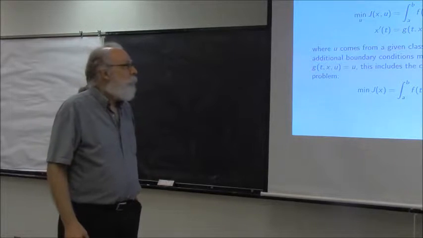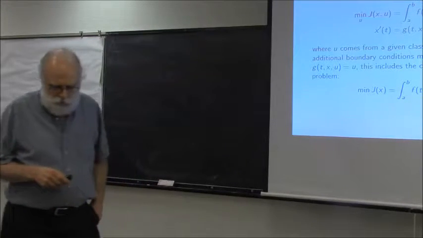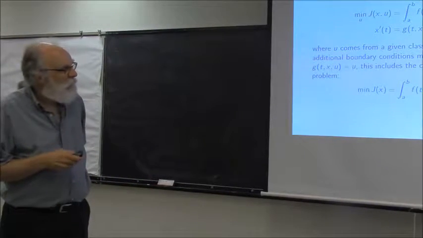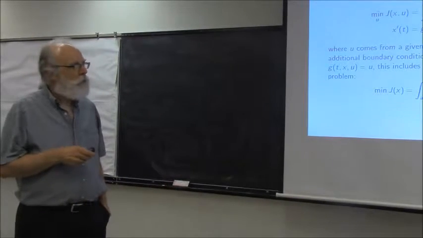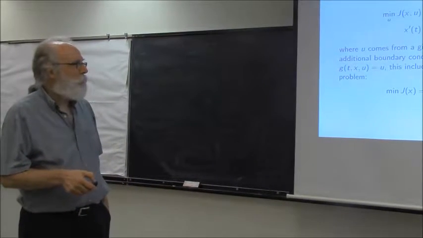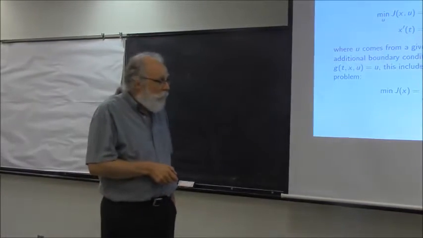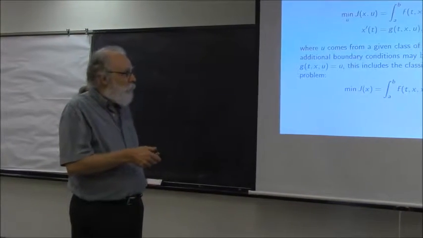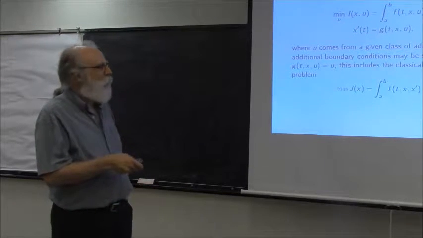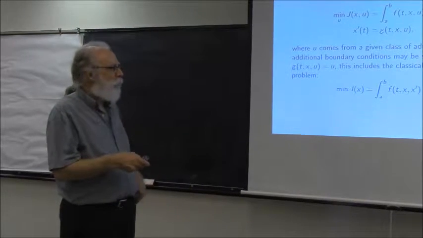And this kind of problem is actually directly related to what we also refer to as the more classical calculus of variations problem, where we're looking at a functional of some kind, and again a minimization problem, perhaps.